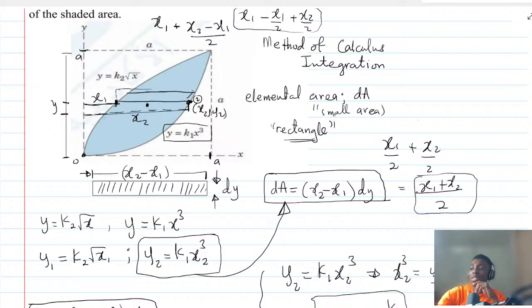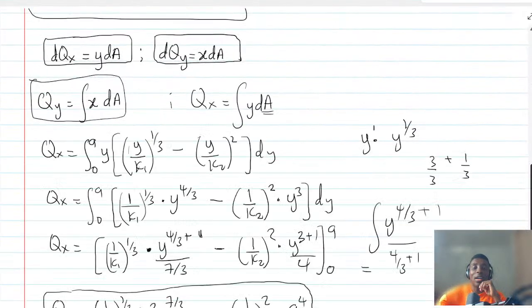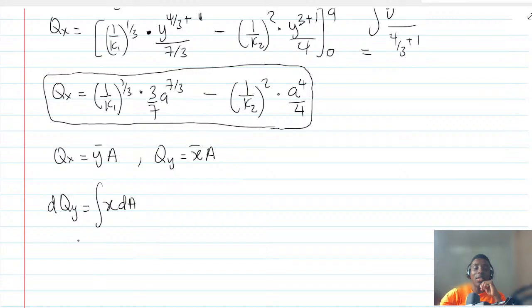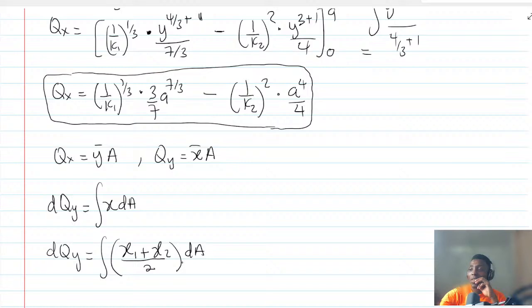I hope the concept is clear. So what we are trying to say is that the centroid about the x is going to be the integral of x1 plus x2 all divided by 2, and then we multiply by dA. Okay?